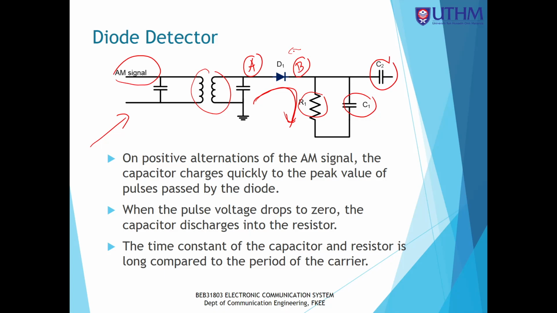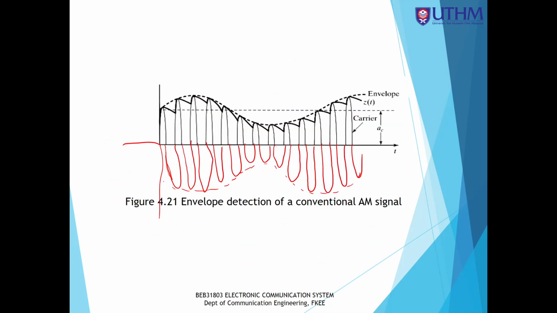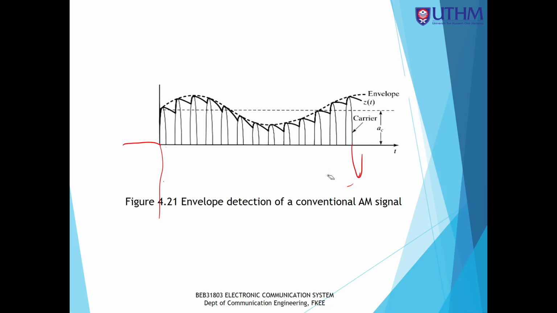At point B, the diode will cut off the negative cycle, or it will prevent the reverse bias. At point B, the signal will look like this.